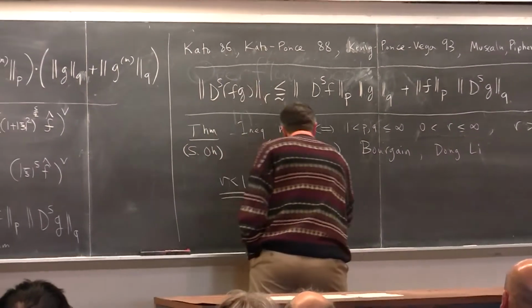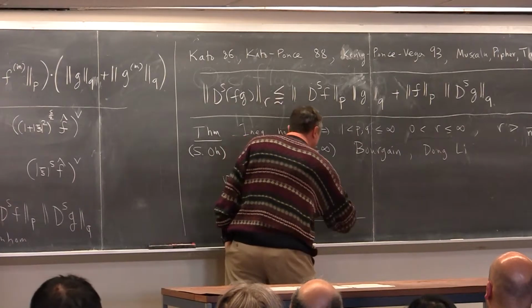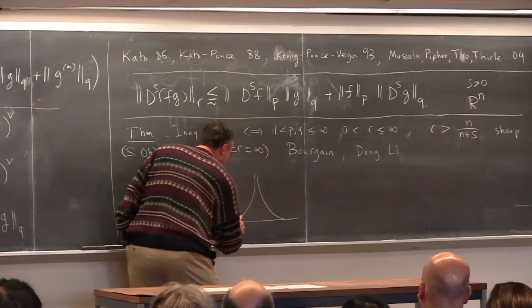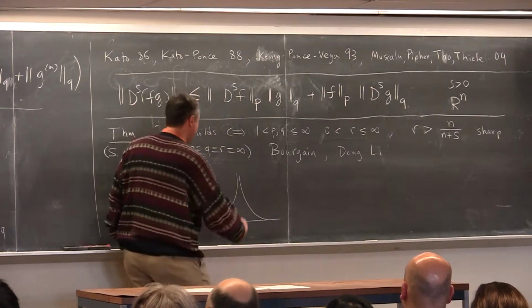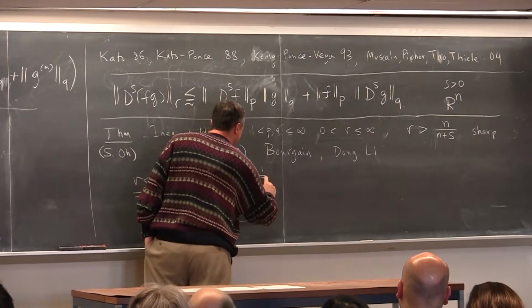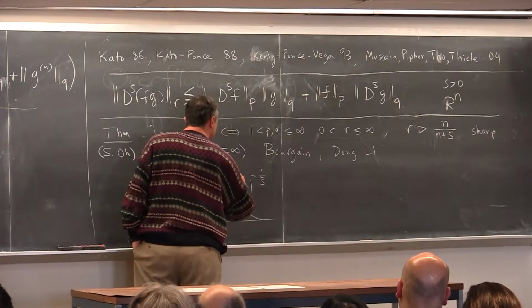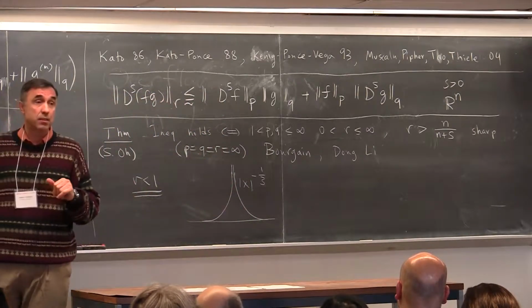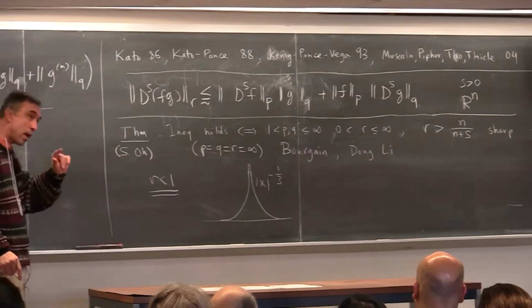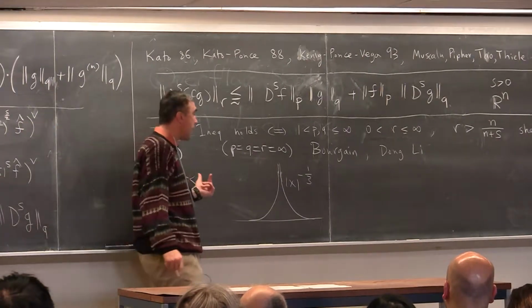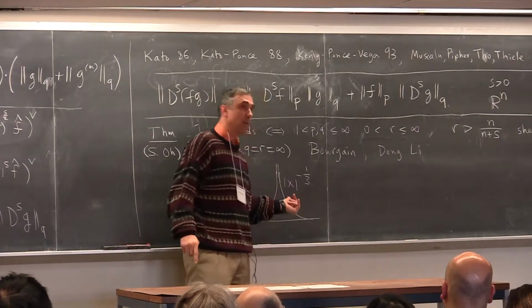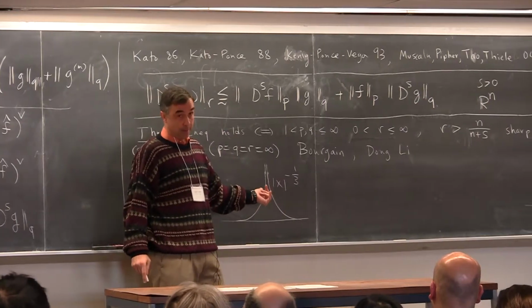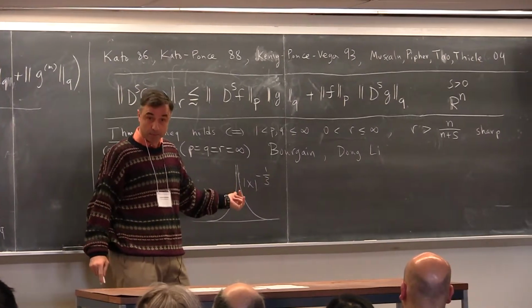But here I'll give you the simplest example in the world. Take a spike. Let's assume it's compactly supported. X to the minus a third, dimension 1. You want to estimate how many derivatives this function has in L1. Fractional derivatives. You say, okay, I know this function is in L3. Well, not quite, L3 minus epsilon.